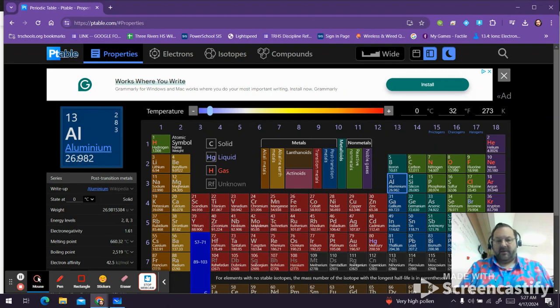So this weighs about 27 grams. This weighs 63 and a half grams. So I could weigh this if I didn't know what it was, and I could probably figure out what it is because it'd be pretty close to a mole of aluminum atoms.